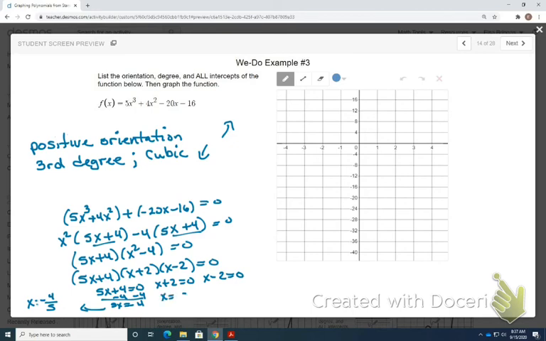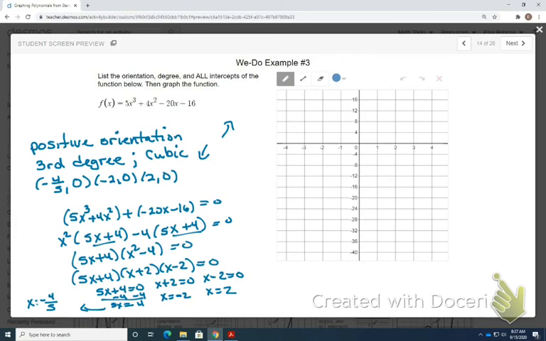I get x equals -2. Add 2 to both sides here, I get x equals +2. And then if I write those as intercepts, I get -4 over 5, 0. I get -2, 0, and +2, 0.